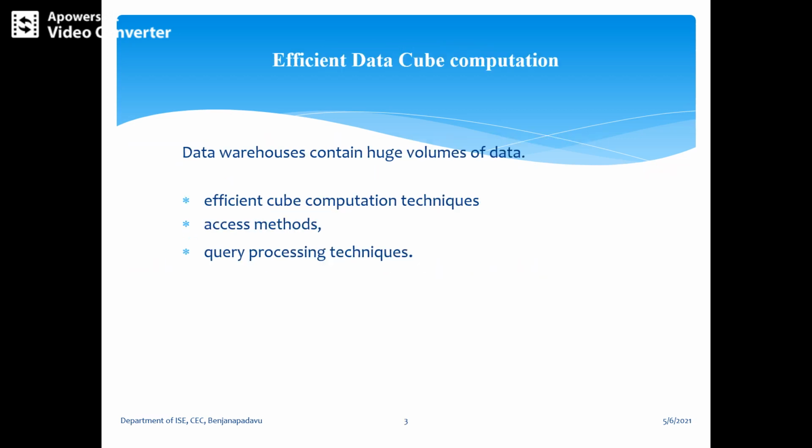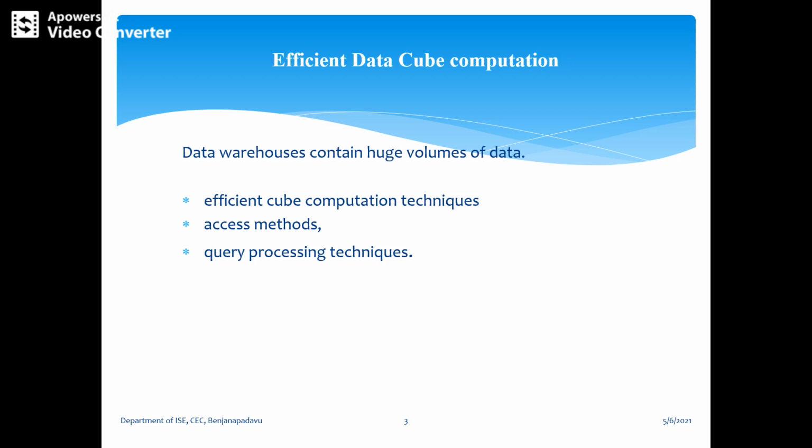Now we should discuss data warehouse implementation. We know that a data warehouse contains a huge volume of data. OLAP servers demand that decision support queries be answered in the order of seconds. Therefore, it is crucial for a data warehouse system to support highly efficient cube computation techniques, access methods, and query processing techniques.